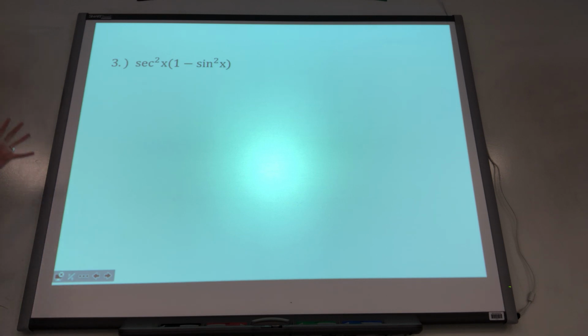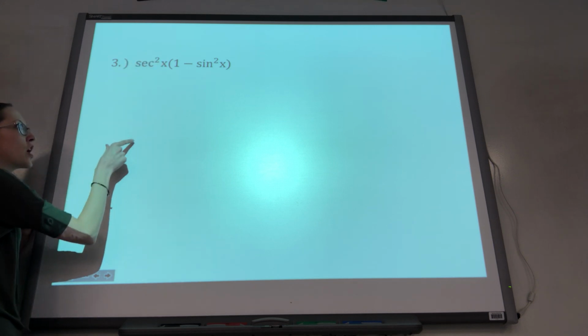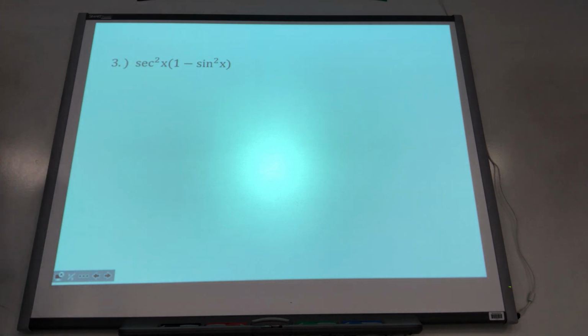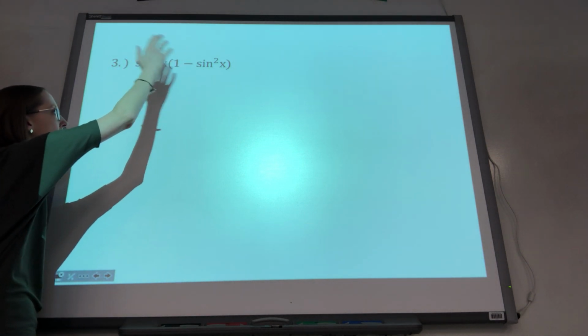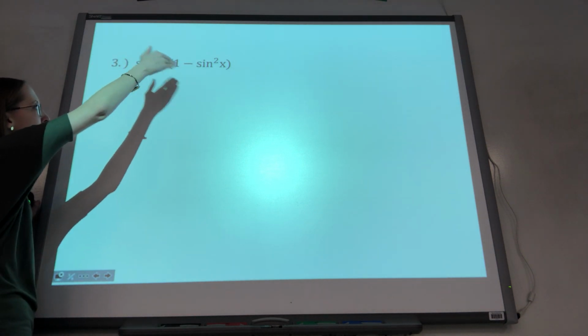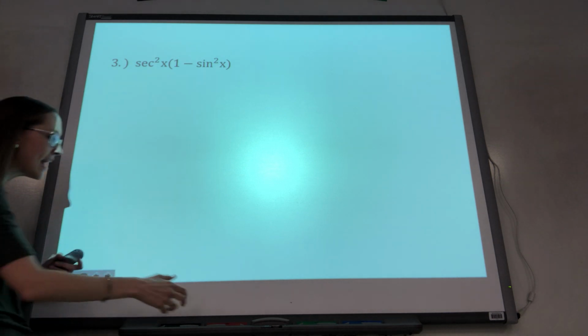Now, a lot of times in math, when we have a single term times a quantity, we want to distribute, but if you distribute here, you might be making a little bit more work for yourself.